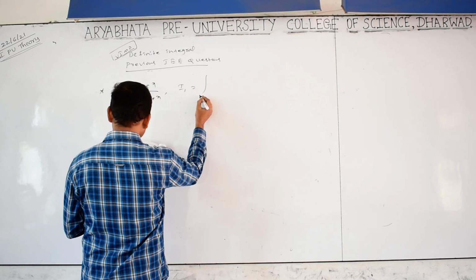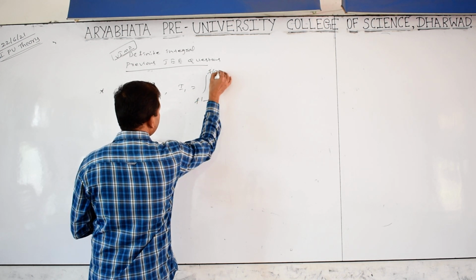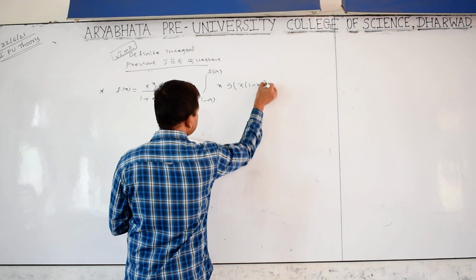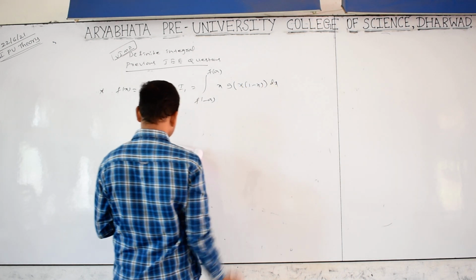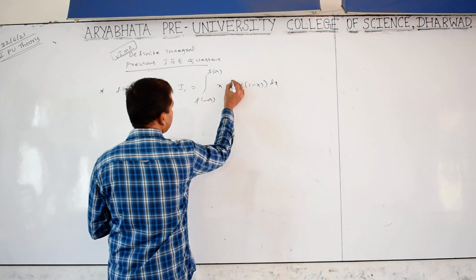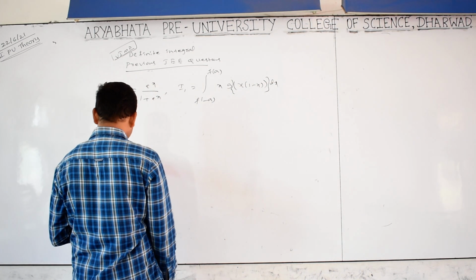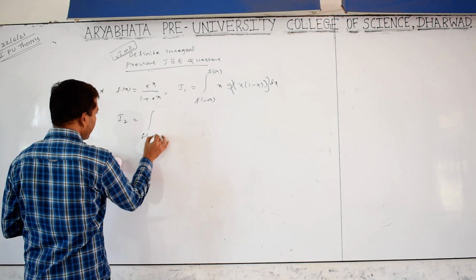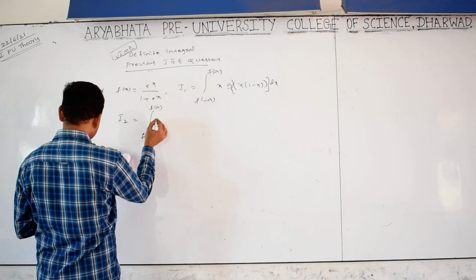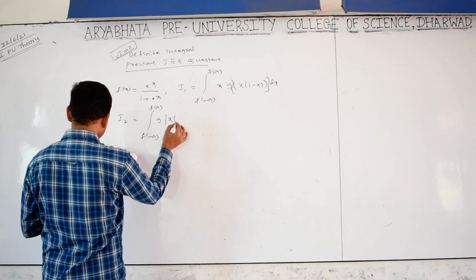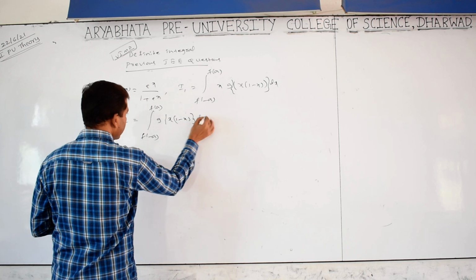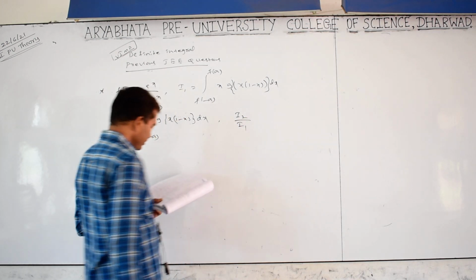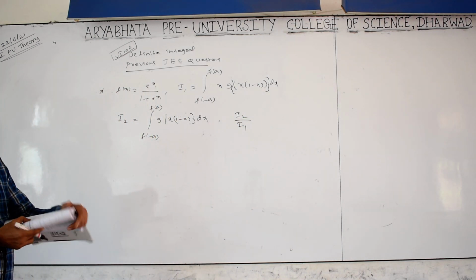I1 equals integration of f of minus a to f of a, x into g of x into 1 minus x dx, and I2 equals integration of f of minus a to f of a, g of x into 1 minus x dx. Then the value of I2 by I1.